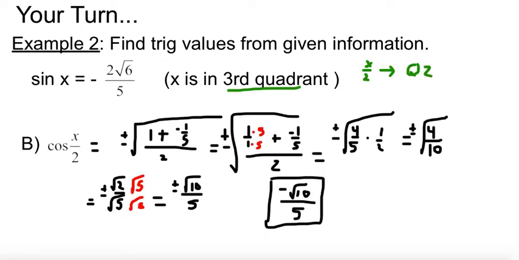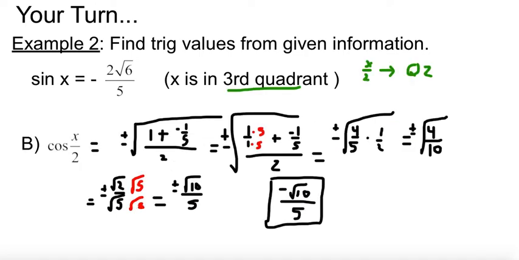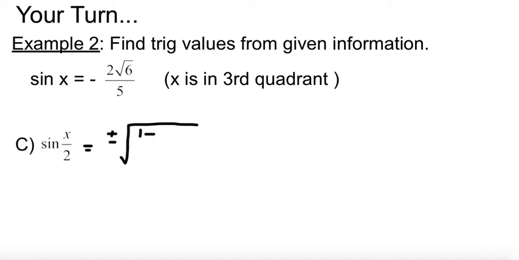So cosine of x, remember, is negative 1/5. And then we're dividing by 2. So remember, the formula says to subtract, and we have to subtract a negative 1/5, which in fact is going to make it a plus.